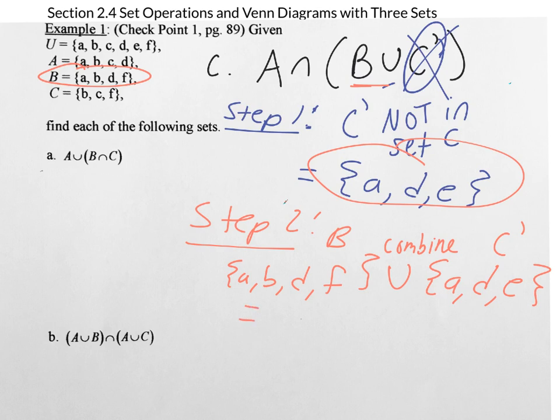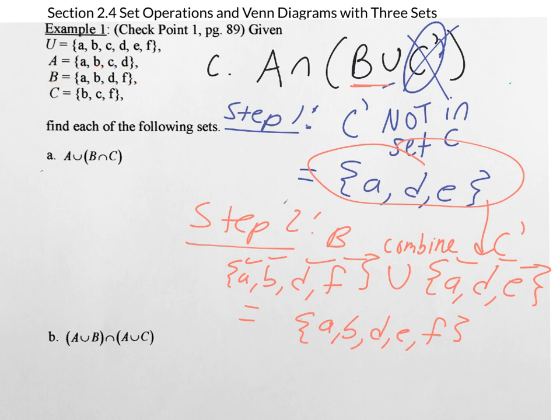So when I merge these two sets, B and the C complement from step 1, we have an A and we have a B. We have D, E, F. So you put the two sets together, combine them, A, B, D, E, F. So pretty much we have everything except C when we look at that set.